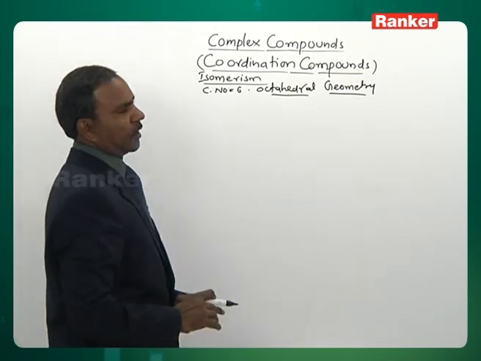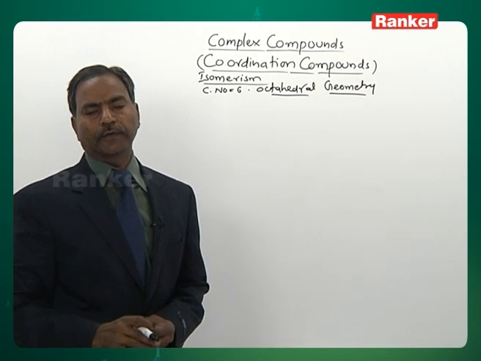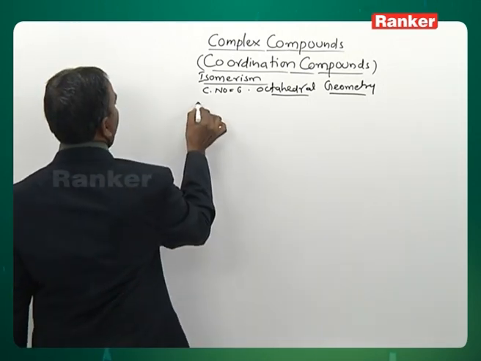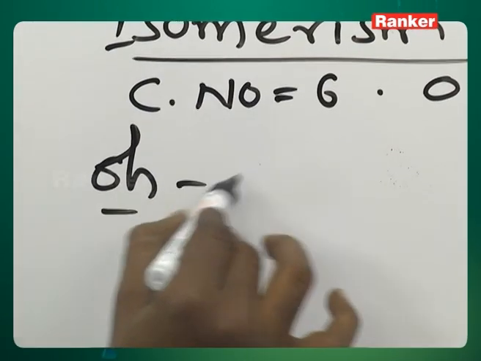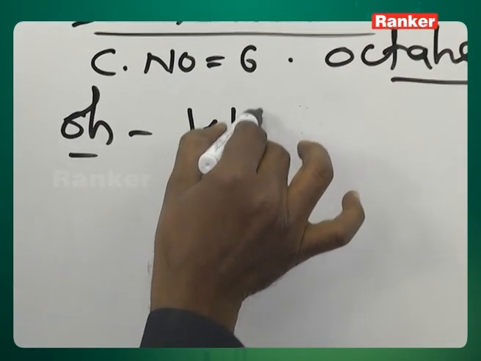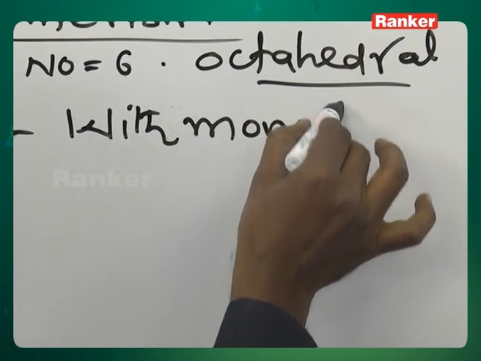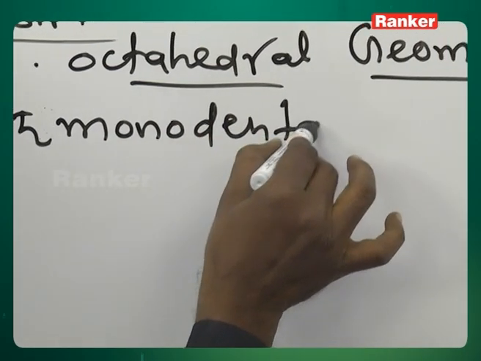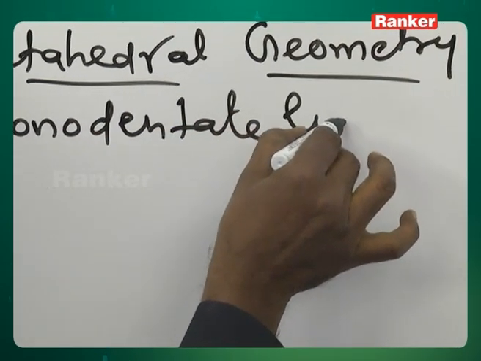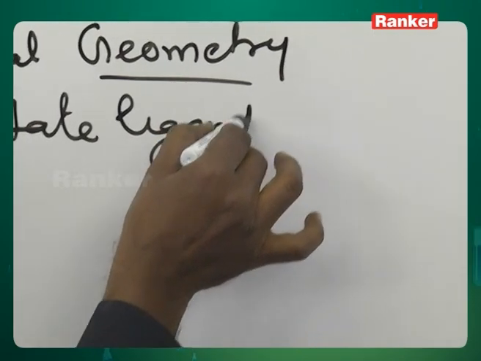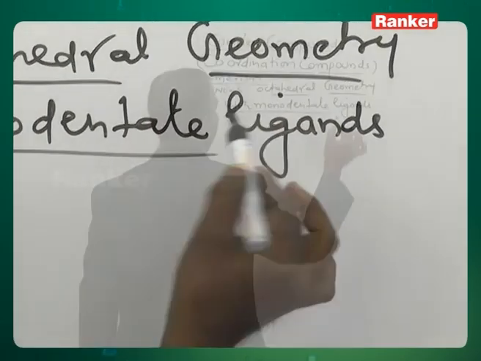So first we take octahedral geometry with monodentate ligands. Octahedral with monodentate ligands.